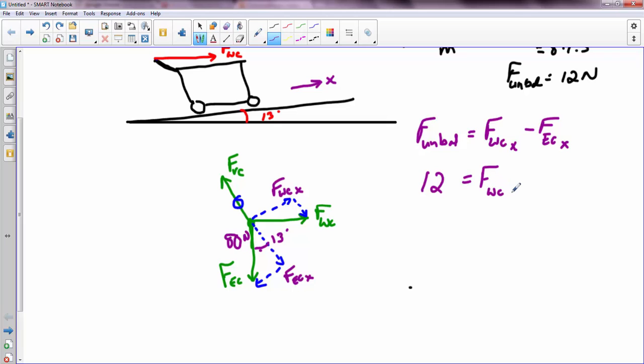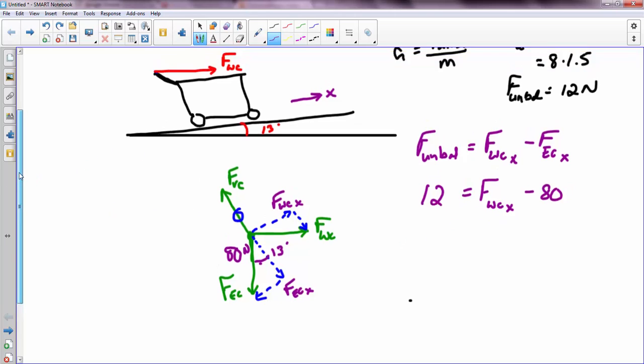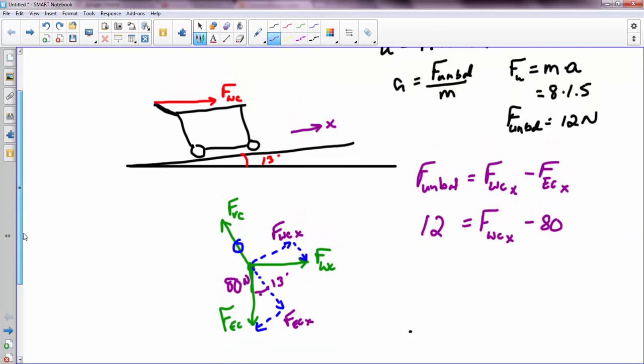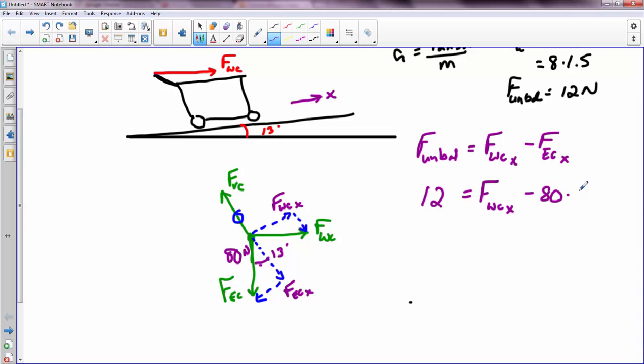So the force of the woman on the cart in the x direction minus 80 times, oops, that's why it wasn't looking right to me. We have to multiply that times sine of 13 degrees. Okay. So 80 times sine of 13.